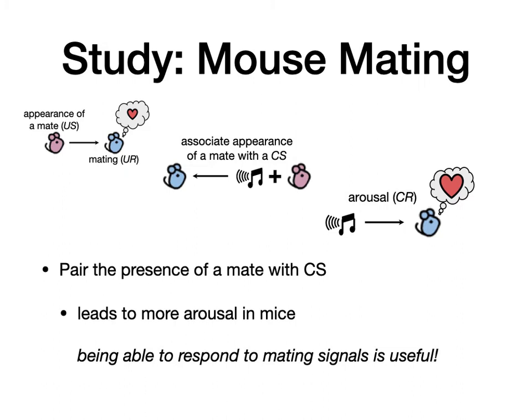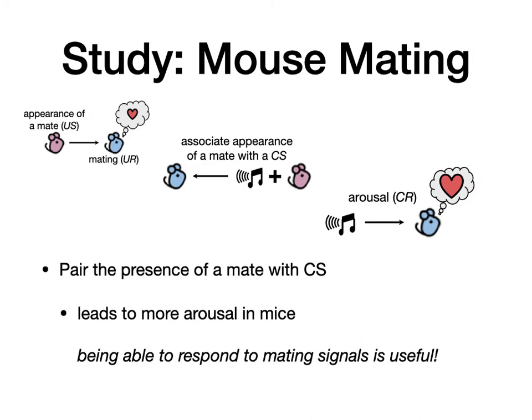So again, being able to respond to these mating signals is useful, and it helps the mouse get prepared to court. I'm going to do my mouse dancey things. I actually don't know what mouse courting is like, but please don't send me any videos. It's fine. But the concept is that this is a preparatory ability. Without the stimulus being able to predict the presence of the female mouse, then they have just a normal amount of arousal. And that's fine. You don't necessarily have to have mice that are hyper aroused, but you get the idea that this is perhaps useful.